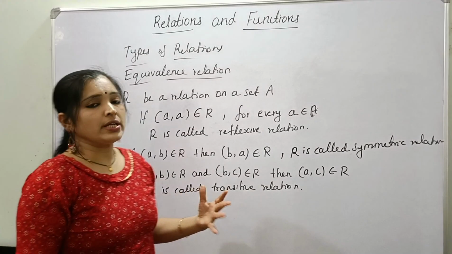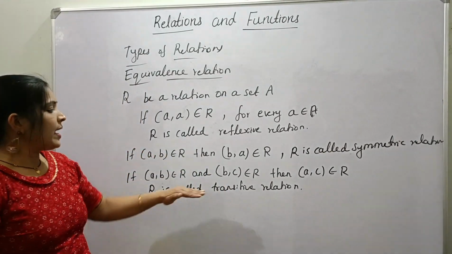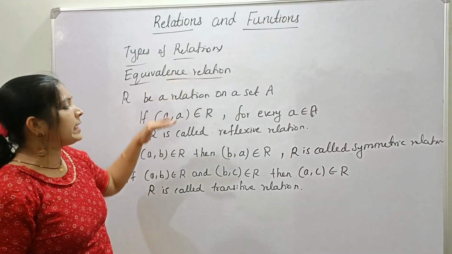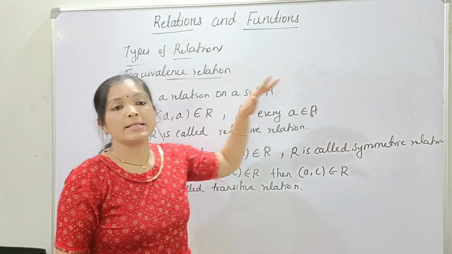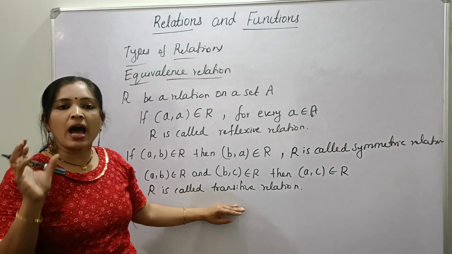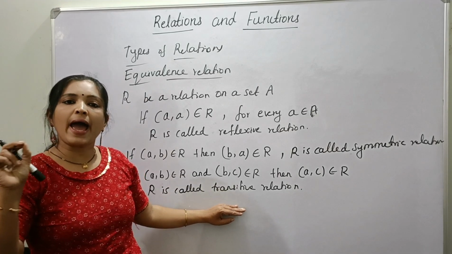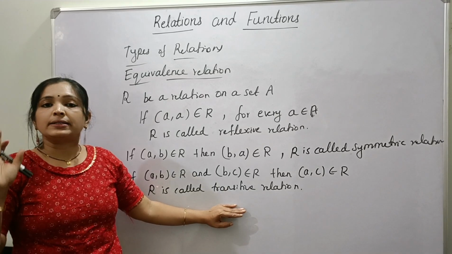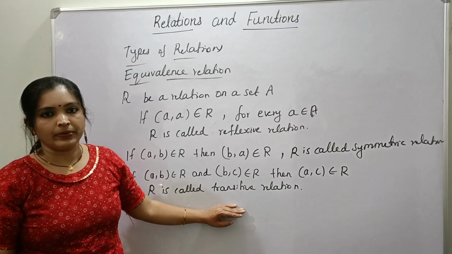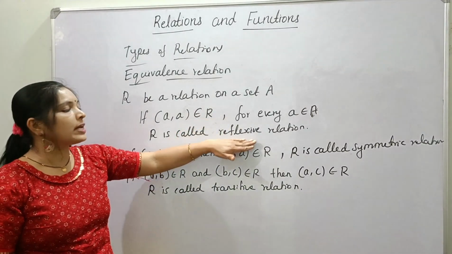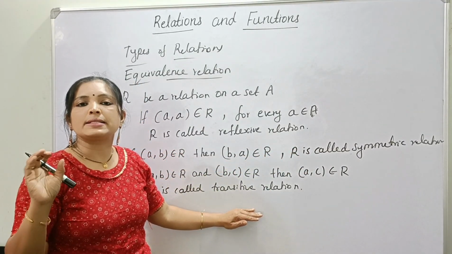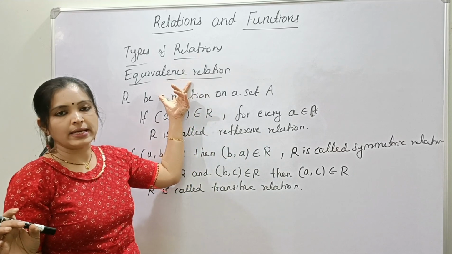So a relation R in a set A is said to be an equivalence relation if the relation is reflexive, symmetric and transitive. Okay, if a relation is reflexive, symmetric and transitive, then this relation is called an equivalence relation.